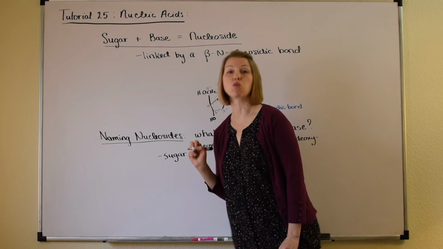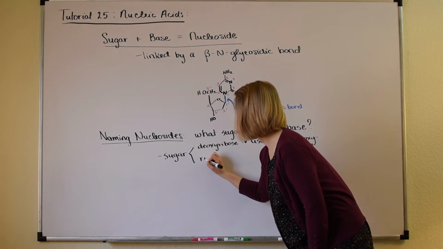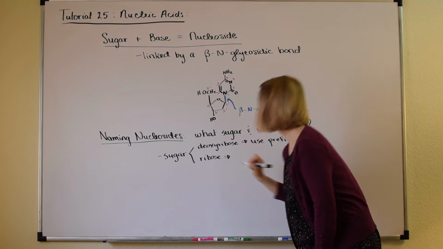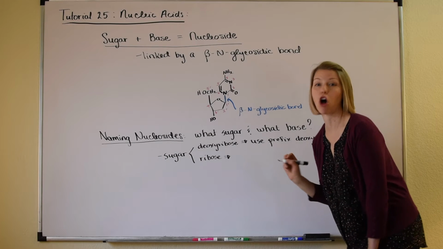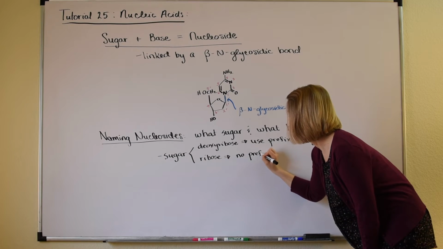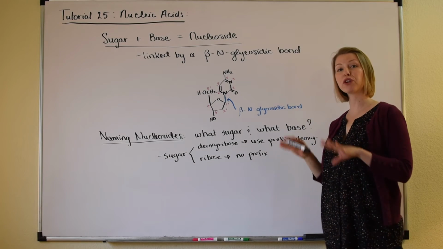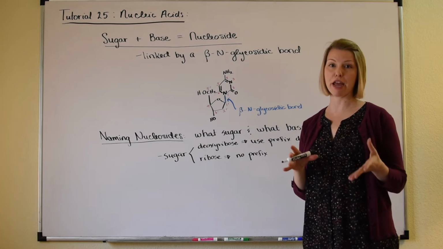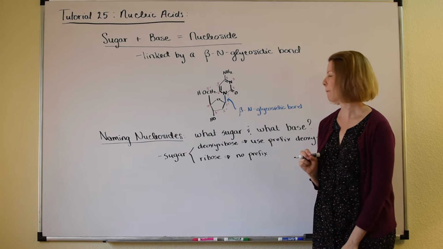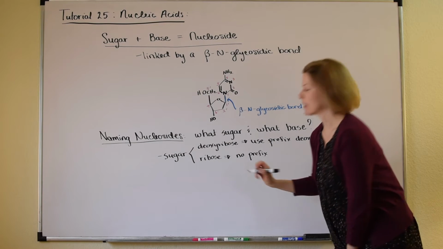If the sugar is ribose, do not use a prefix at all. No prefix. So the lack of a prefix in a nucleoside name tells you that the sugar is ribose. Okay. The base.